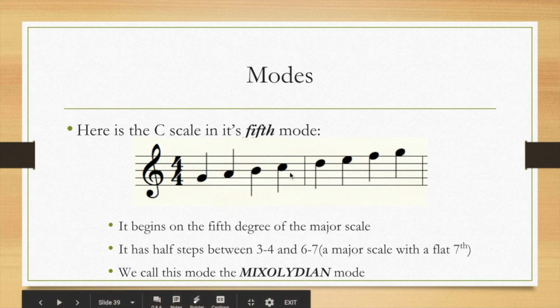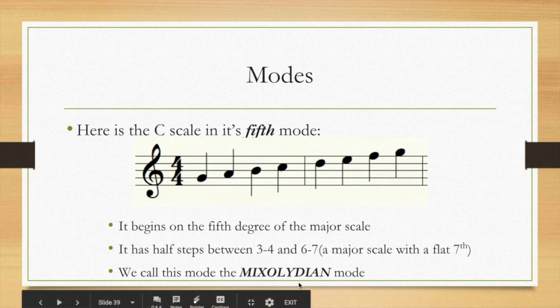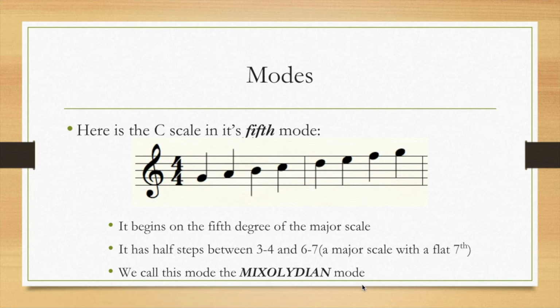You have your half steps between 3 and 4, just like in a major scale, but now your half steps are between 6 and 7 instead of 7 and 8 in a regular major scale. That's called Mixolydian. Lydian and Mixolydian are probably, in addition to the Ionian, which was the first mode, the most recognizable ones to you.